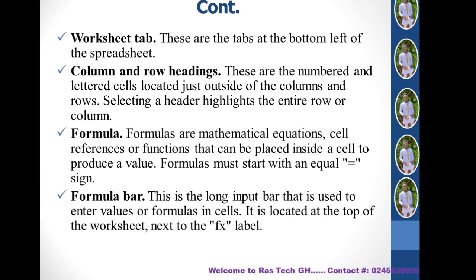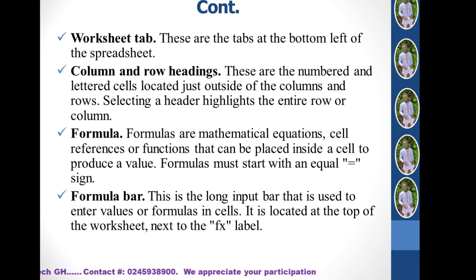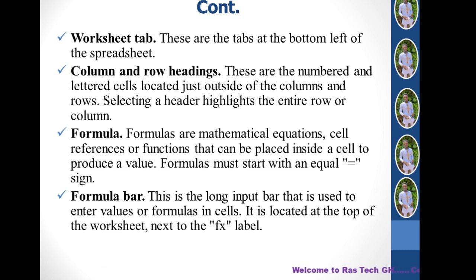Now, formula bar. Every formula that you are typing also shows on a certain bar on the spreadsheet. In case you make any mistake, you can click on that cell, go to that bar, and make any changes there, right? The formula bar is the long input bar that is used to enter values or formulas in cells.